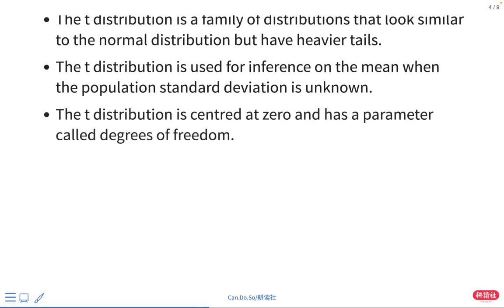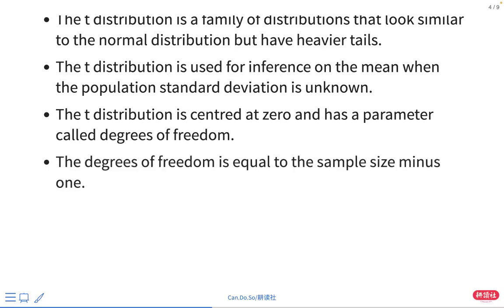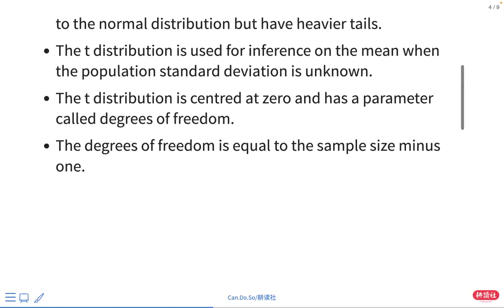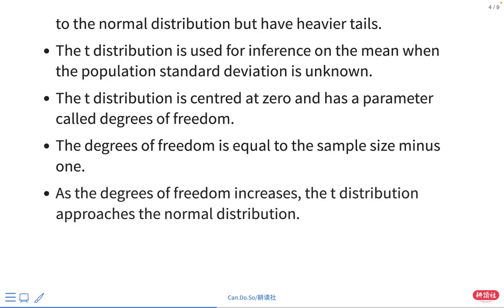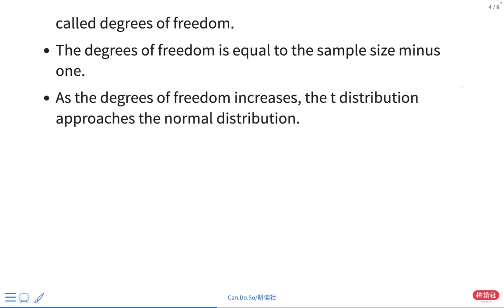It is centered at 0 and has a parameter called degrees of freedom. If the degrees of freedom differ, the t-distribution changes slightly, and the degrees of freedom is equal to the sample size minus 1.